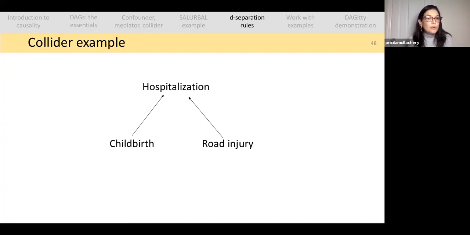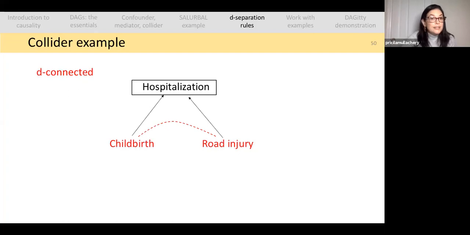But if you just look at the hospitalization data, you are, in other words, conditioning on a common cause, which in this case is hospitalization. So this is what you have in the overall population. It's fine because hospitalization is a collider and we're not adjusting for it. We're not doing anything. You're not going to probably find an association between childbirth and road injury.